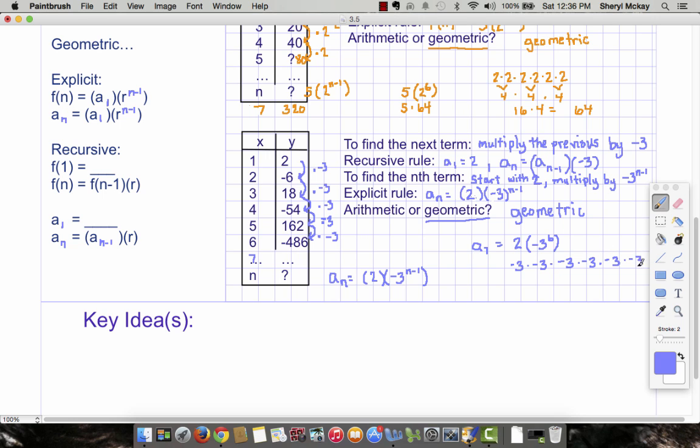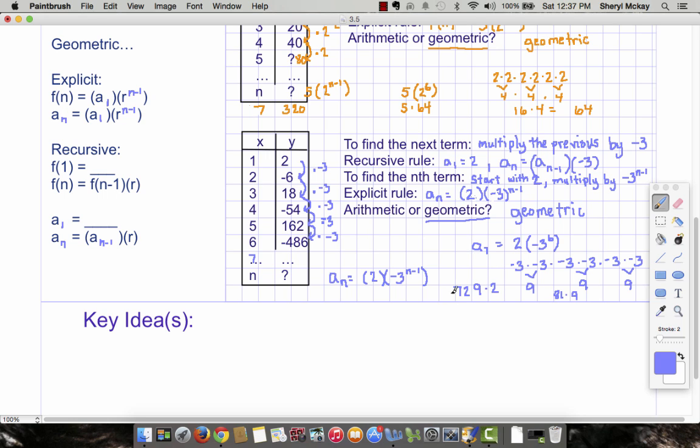Did I get 6 of them there? 1, 2, 3, 4, 5, 6. So these two make a positive 9. These two make a positive 9. And these two make a positive 9. So this becomes 81 times 9, which is 729. And then I have to multiply that by 2.